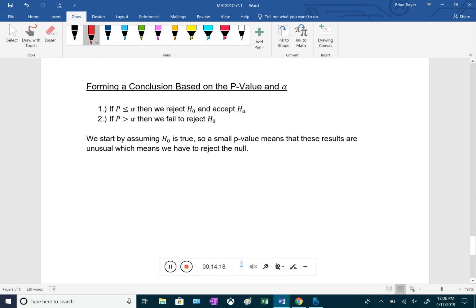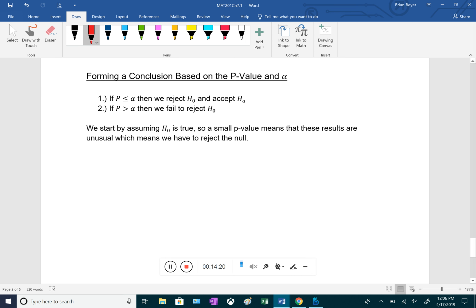Okay, so for forming a conclusion here, the conclusion that we make, coming back to the hypotheses: if the p-value that we find is less than or equal to the significance level alpha, which is given to us in the problem, that means we reject the null and accept the alternative.